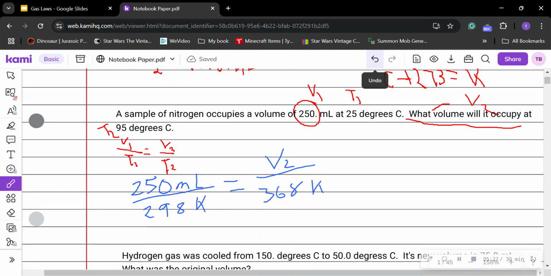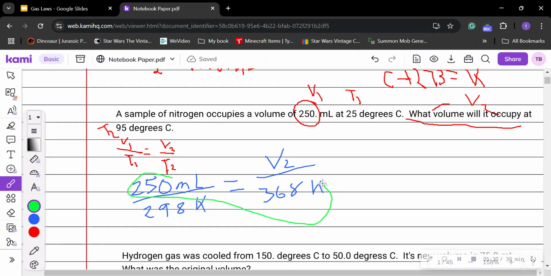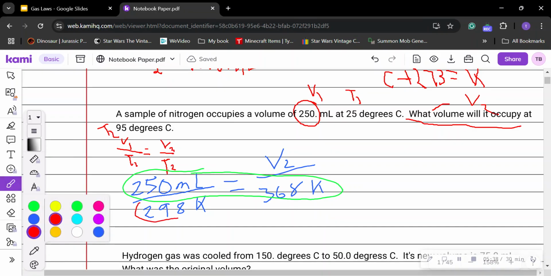Okay, so when we are doing these problems, instead of multiplying straight across, we want to do cross multiplying. So we would multiply these values and these values.